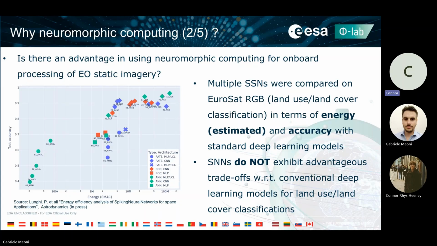So to say it simply, if I want to save energy, I can take a much simpler, standard model, and I don't need neuromorphic to get the same energy consumption. So this use case is not very convincing, at least for static imagery. Maybe for SAR, since at least on the focusing side, at level 0, it is more a time series problem, it may be more interesting, but we don't know yet.